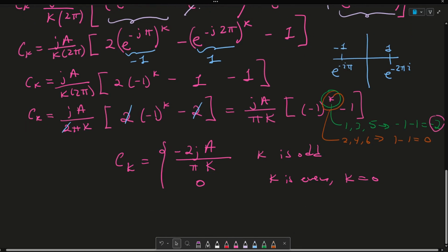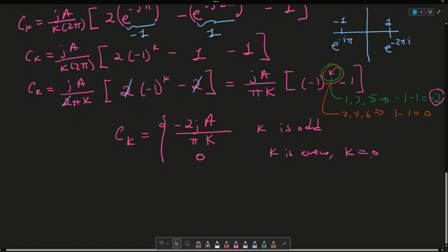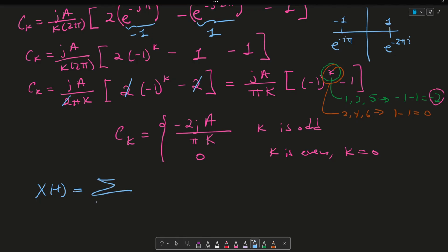All right. So then we can write our final solution. So this is the final solution here. X of t is the sum of k is equal to negative infinity, and it has to be odd, to infinity. Ck is negative 2ja over pi k times e to the j times 2 pi times kt.